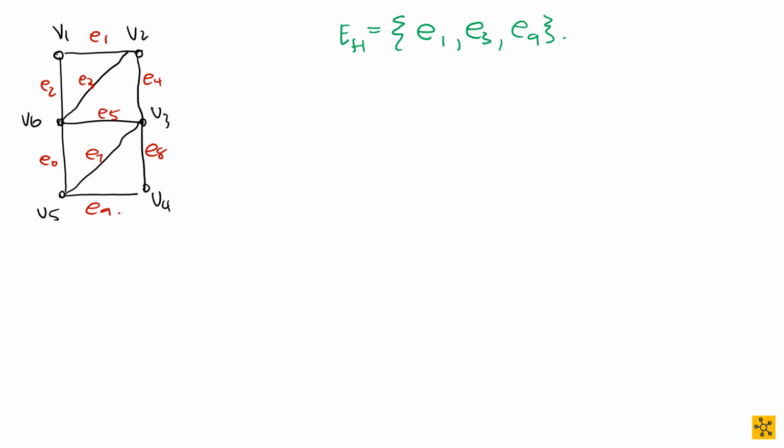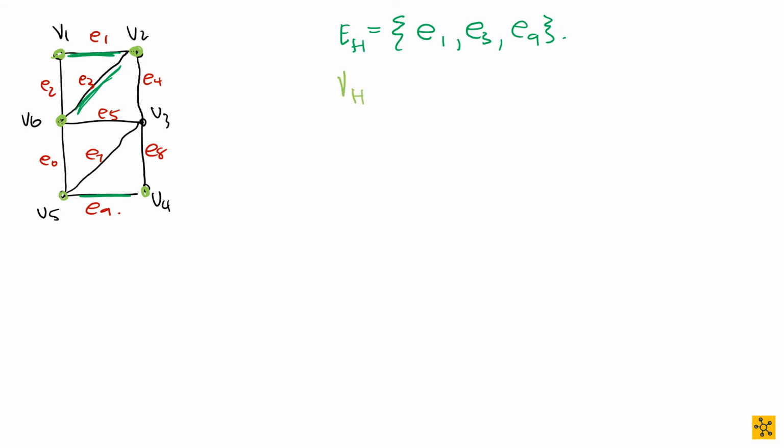So we want this one here, we want this one here, and we want this one here. So to bring those edges across, we need those end vertices of E1, E3, and E9, which means we're going to need V1, V2, V6, V5, and V4. And that comes straight from, we look at our edges and we pull those end vertices through to our subgraph.